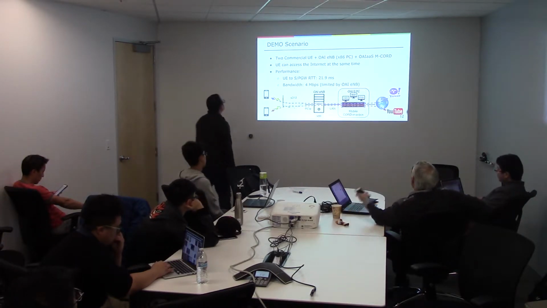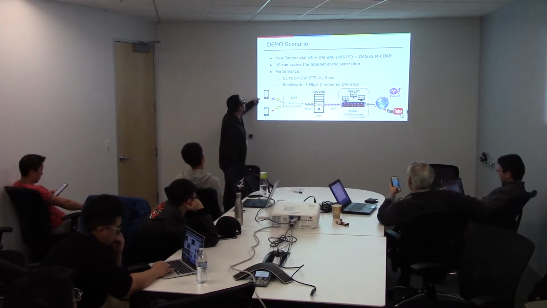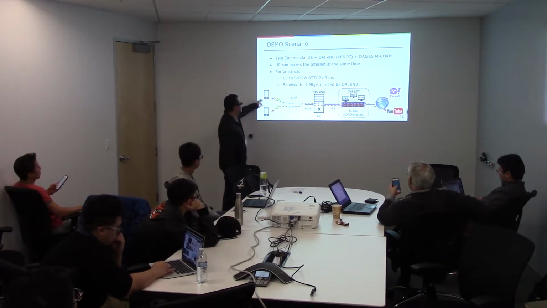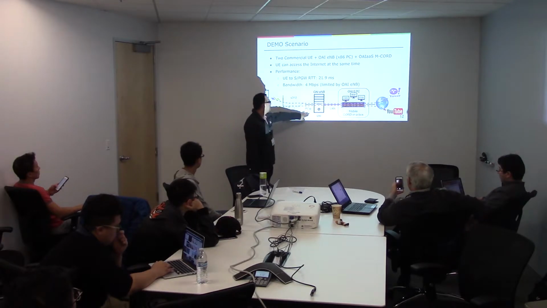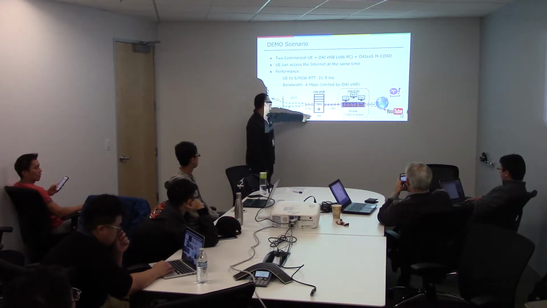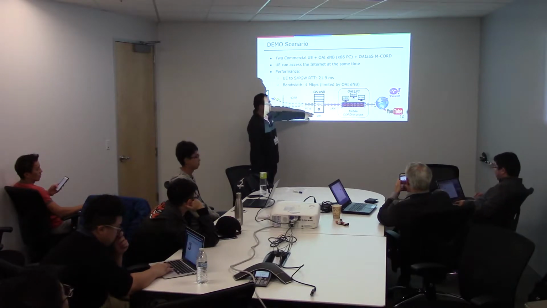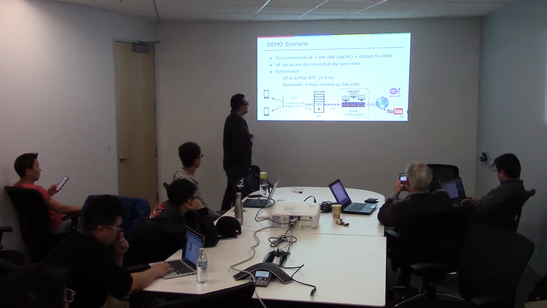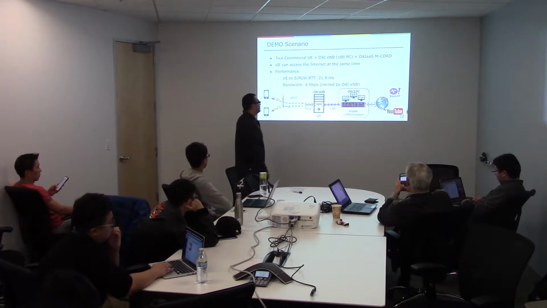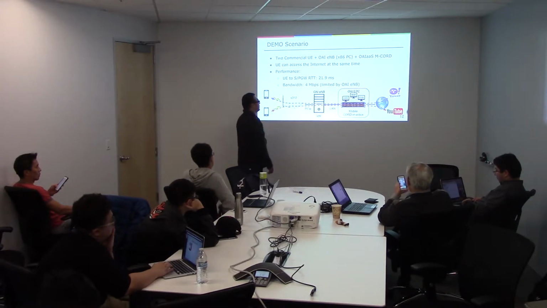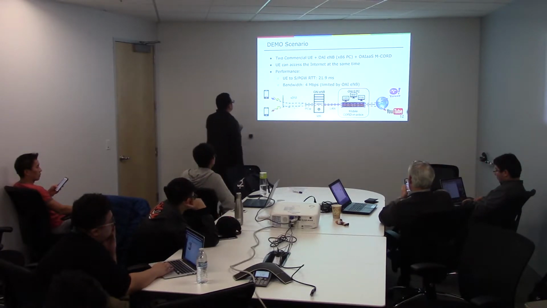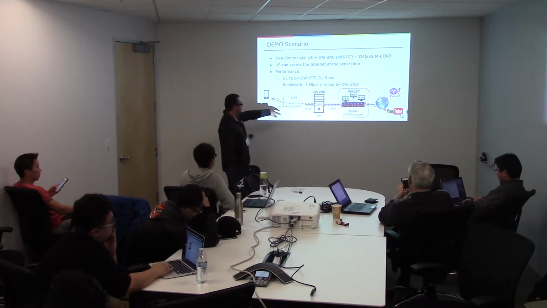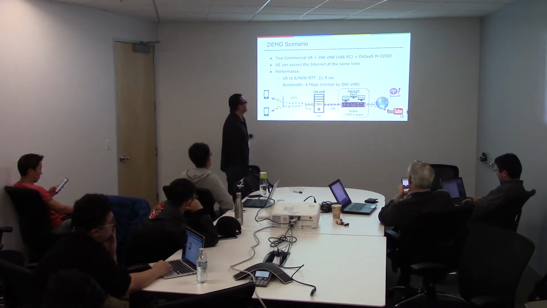So for our demo, we can use a commercial UE and OAI eNodeB. This OAI eNodeB is just built on the x86 PC, and the EPC part is in the Core box. We can easily use the UE to attach to the EPC and go through the internet.